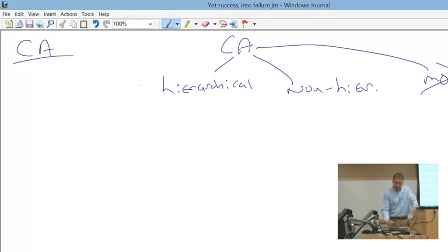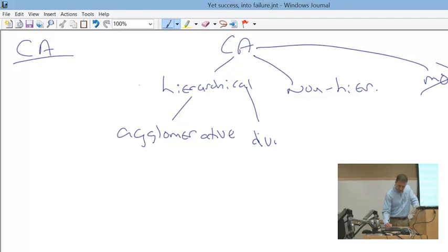Under hierarchical, there are agglomerative and divisive. Know what a divisive method is versus agglomerative, but we do not do divisive. So just understand what it basically is.